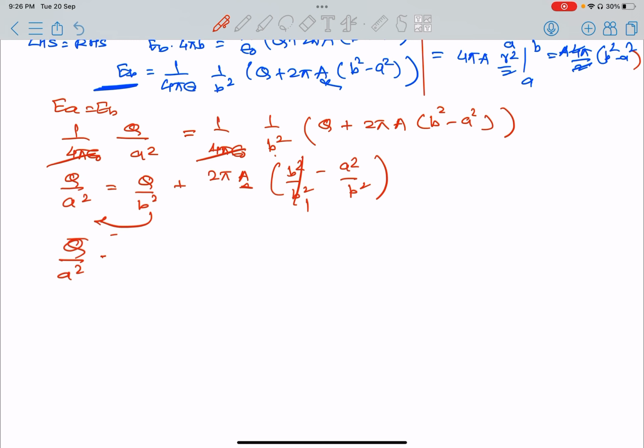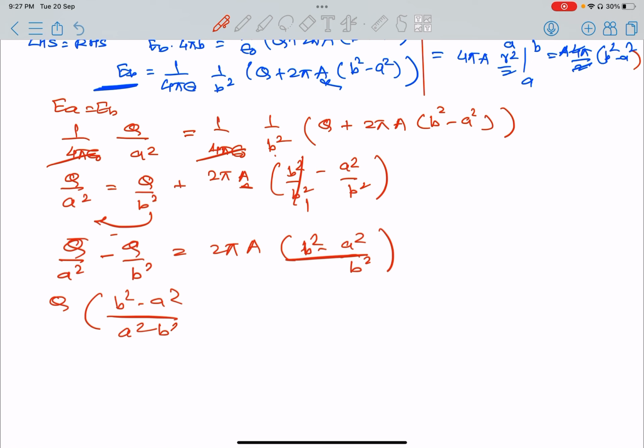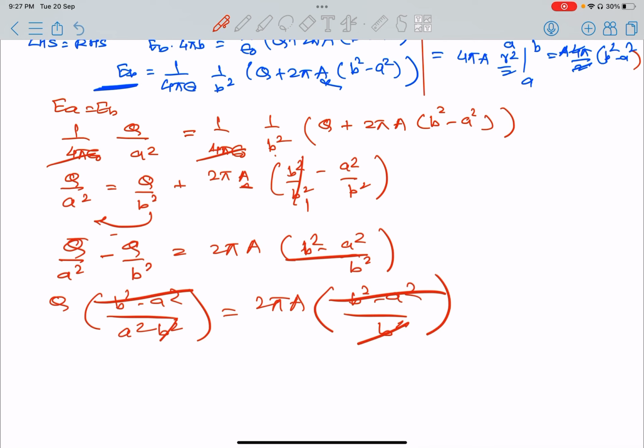So we will have Q by a squared minus Q by b squared is equal to 2 pi A times 1 minus a squared by b squared. We can cross multiply over here. Here also I can take common, so b squared minus a squared upon a squared b squared, equals 2 pi A times b squared minus a squared upon b squared. So b squared will get cancelled, and b squared minus a squared and b squared minus a squared will also get cancelled.